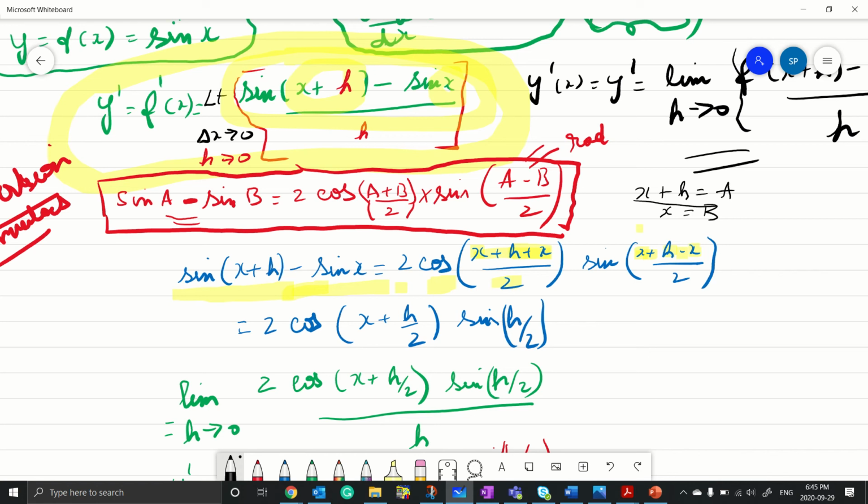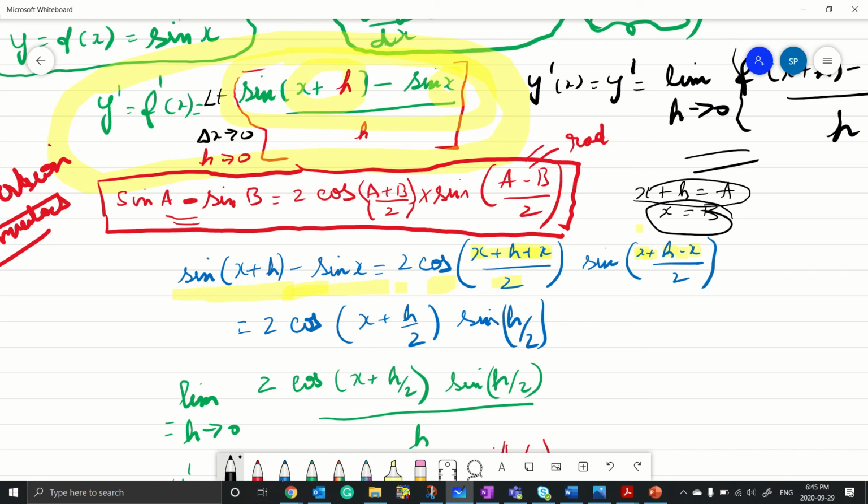Okay, this is a and this is b. So we can further simplify. x plus x is nothing but 2x, and 2x divided by 2 gives x plus h by 2. And x minus x will get cancelled and I'll get sin h by 2.